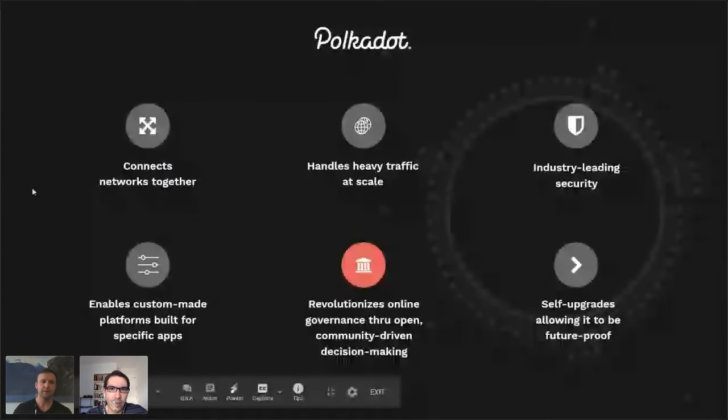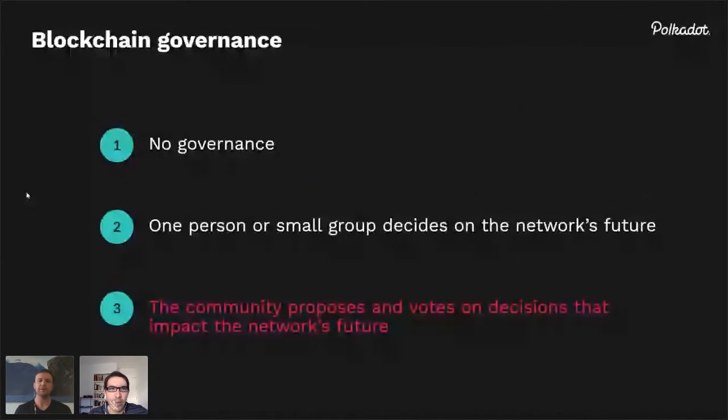So governance. Really, there've been two primary ways of governance in blockchain. First, no governance, or the way the network was launched is how it will always be. In the case of Bitcoin, in 2009, Bitcoin was released, and it really hasn't changed a whole lot since then. The second example is where one person or a small group of the original team has the ability to change and tweak the network's future based on what they believe is the right decision.